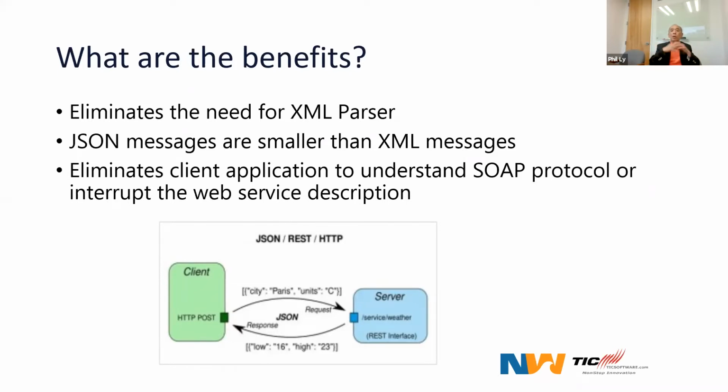And from a troubleshooting perspective, you eliminate the need to understand the SOAP protocol. If you can look at an HTTP message, you can read it, and you can pretty much understand how REST works. We'll see more examples of how it gets simplified. So again, the purpose of REST is to provide the same benefits of web services, application to application interface, but make it better and faster, right?